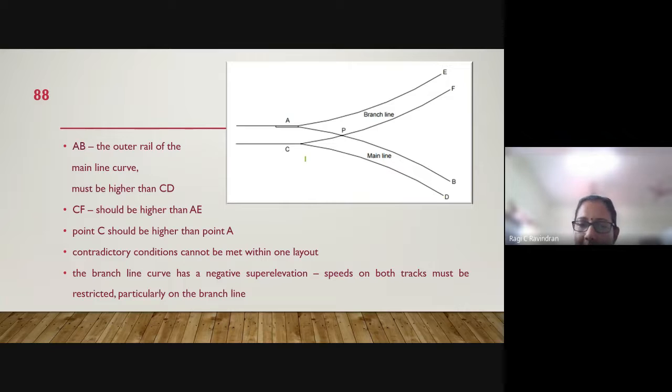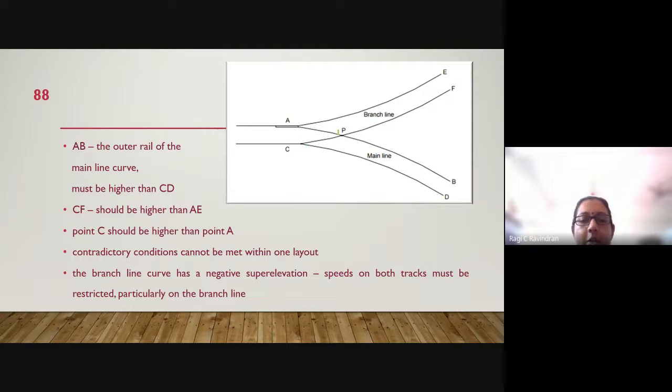So in such a situation, what happens is that we will give priority to the main line. Okay. So C will be on a level surface and A will be at a comparatively higher point compared to C. So when you are giving priority to the main line, the branch line will have a negative super elevation.